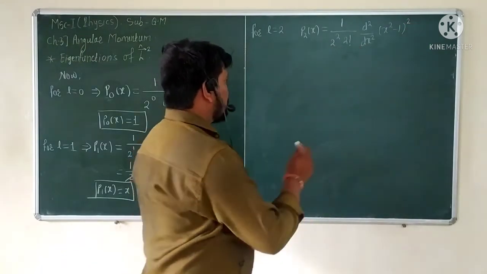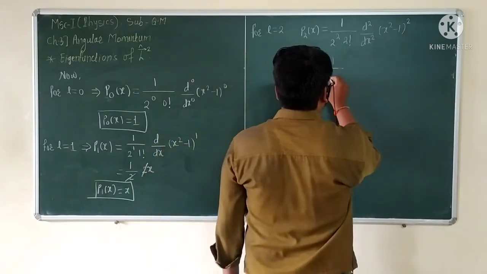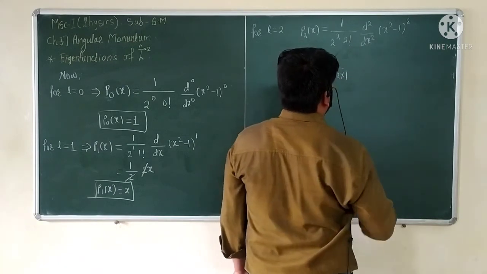If we solve this polynomial, this is 1 upon 2 power 2, which is 4 into 2 factorial, that is 2 into 1.